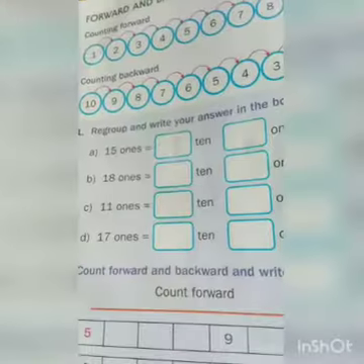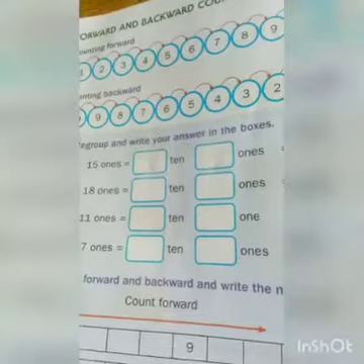Okay, come to page number 70. See question number 1. Regroup and write your answer in the boxes. Like before, we have to regroup and write the answer in the box. So, 15 ones.